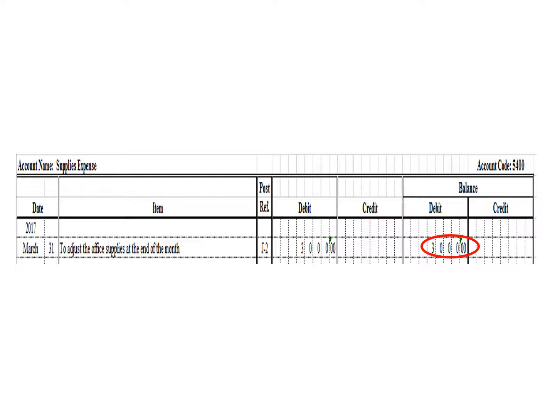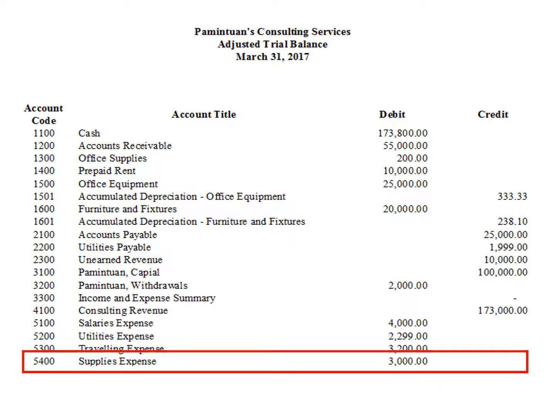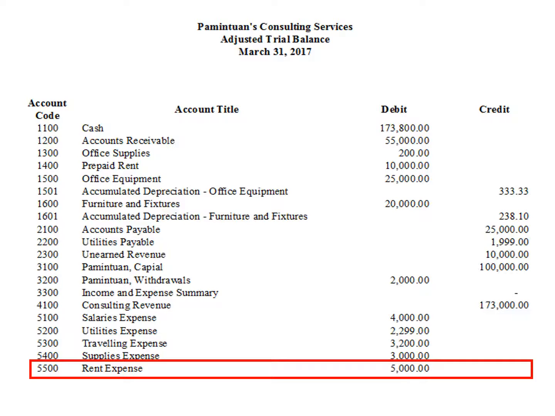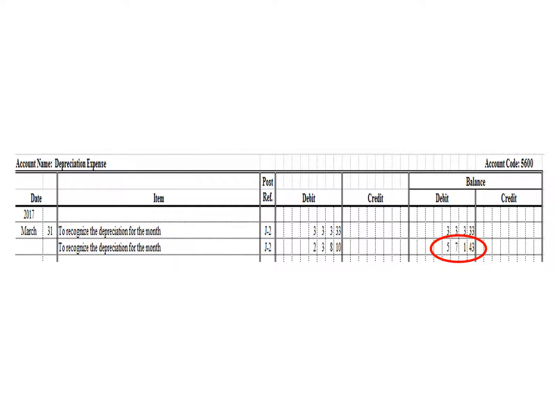Supplies expense has a debit balance of 3,000 pesos. We write its balance under the debit column, 3,000 pesos. Rent expense ledger has a debit balance of 5,000 pesos. We write its corresponding balance in our adjusted trial balance, 5,000 pesos debit.